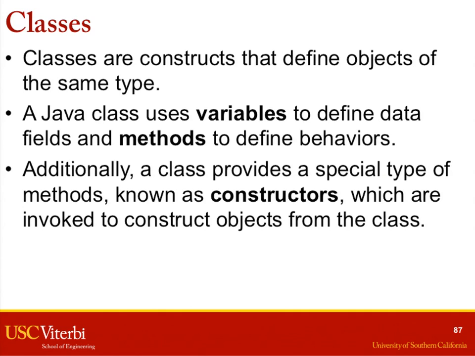Okay. Like I said before, classes have attributes and actions. Classes define objects of the same type. Okay, so you've heard of constructors before, constructor methods, in C++, right? I'm going to tell you what's the special thing about constructor methods in Java.